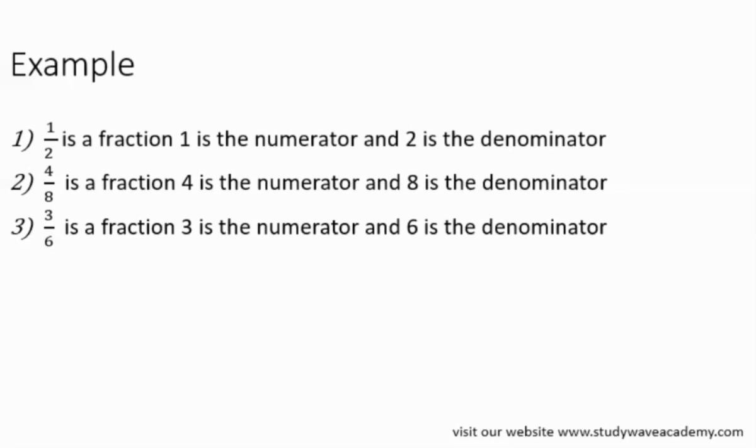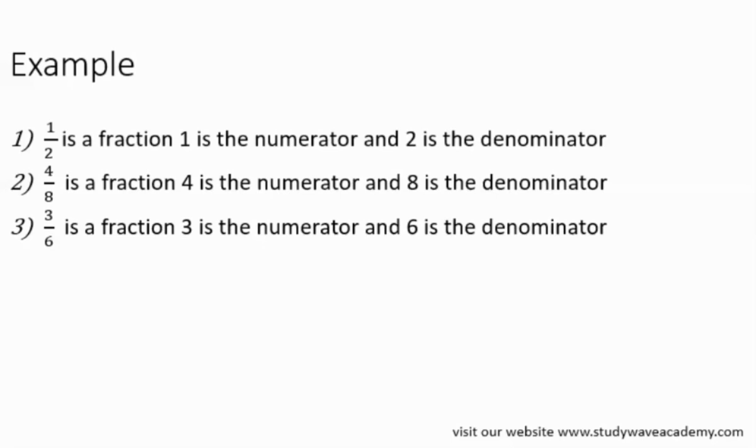So we said 1/2 is a fraction. 1 there is the numerator and 2 is the denominator. Very good. Then 4/8 is a fraction. 4 there is the numerator and 8 is the denominator. Then we say 3/6. 3 there is the numerator and 6 is the denominator.